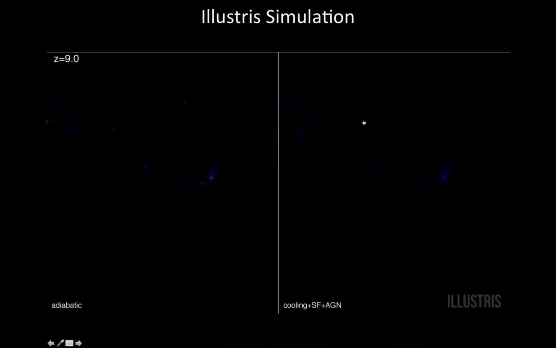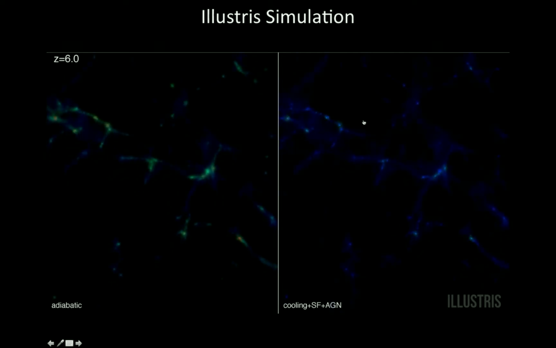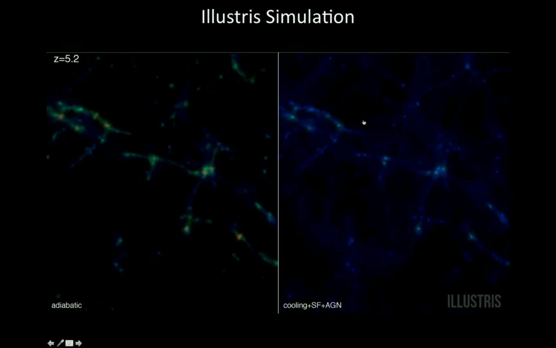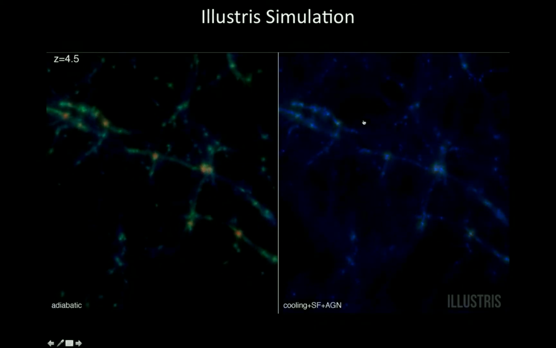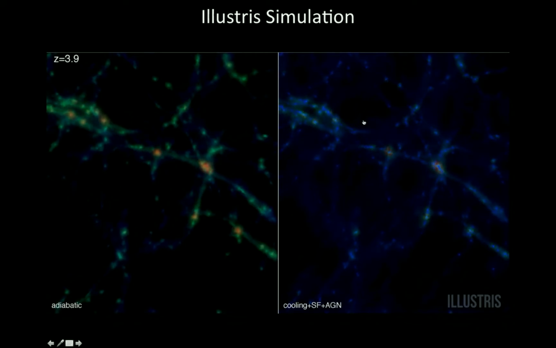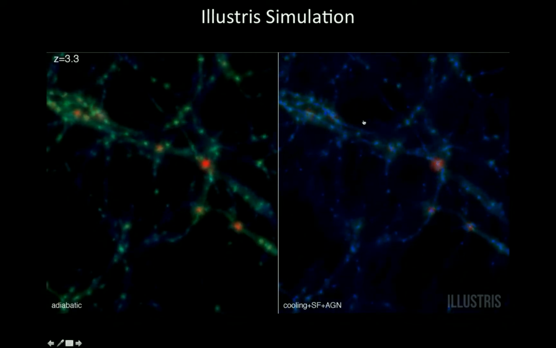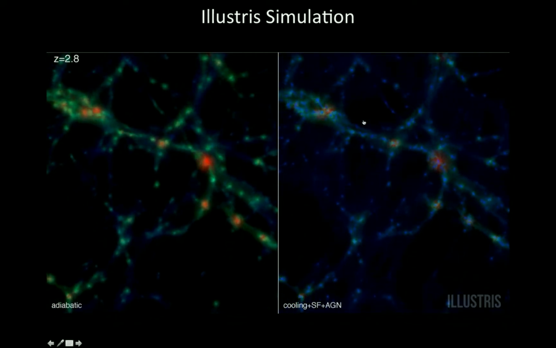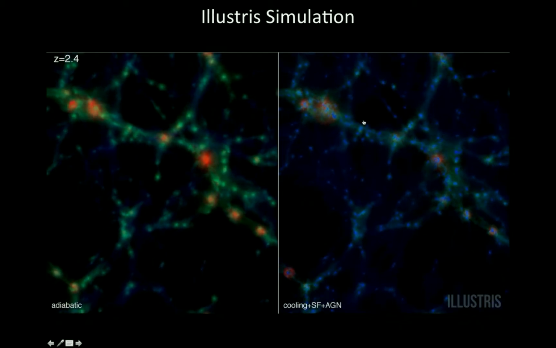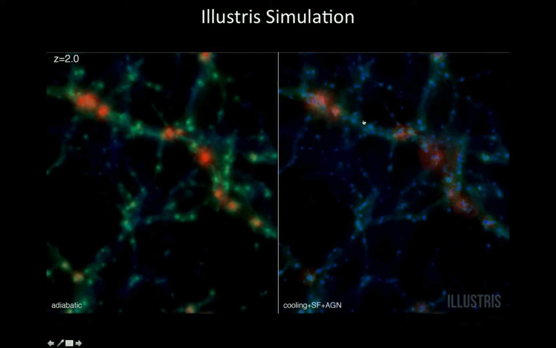Our current best understanding is that galaxies form hierarchically, meaning that in the early universe there were smaller galaxies that merged to form the galaxies we see nearby today. This is a simulation done by the Illustris collaboration, which shows the formation of galaxies through mass buildup in dark matter halos.